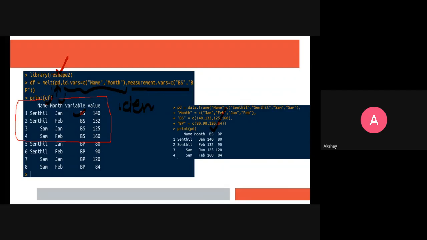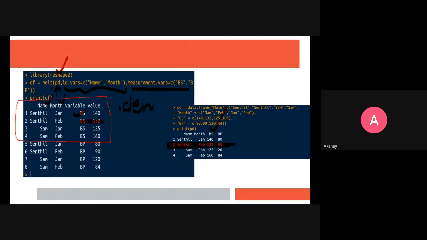So first row is Senthil, Jan, blood sugar 140. Next row is Senthil, February, 132, 90. So here we are considering the blood sugar value. So this value is 132.